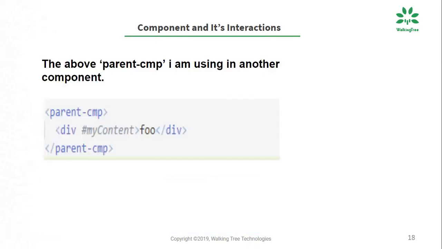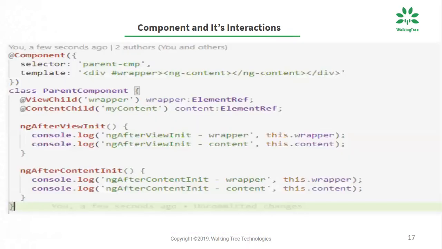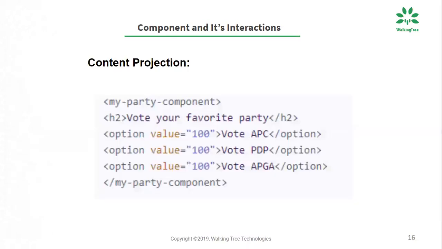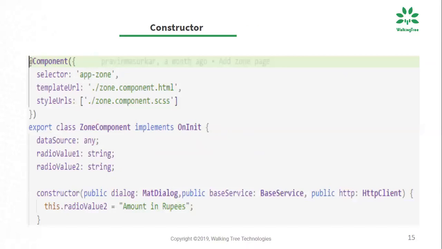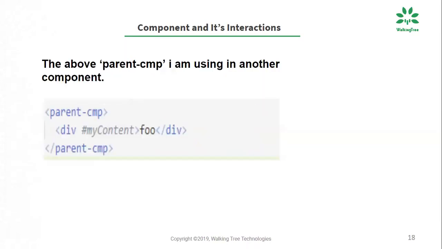So we have seen what the content is and what the view is. Suppose I want to access some of the content elements. Here I have created a parent component.